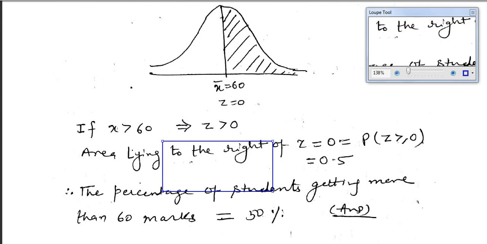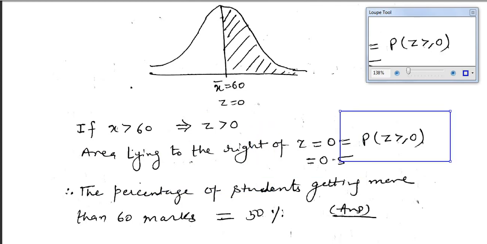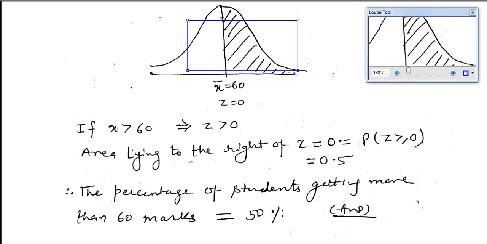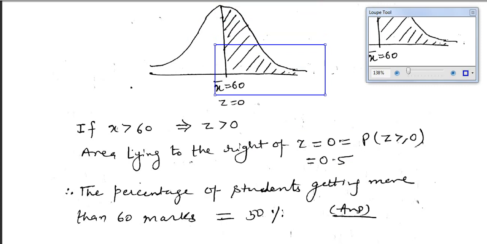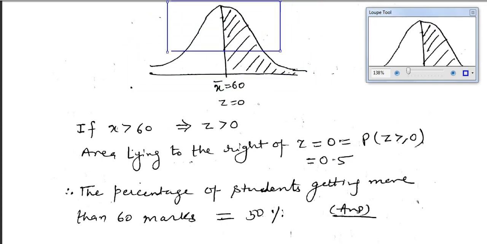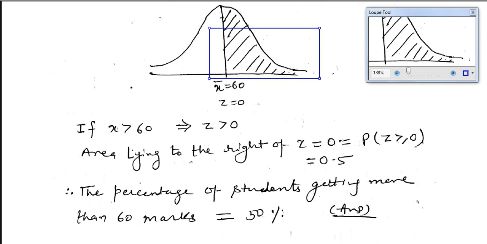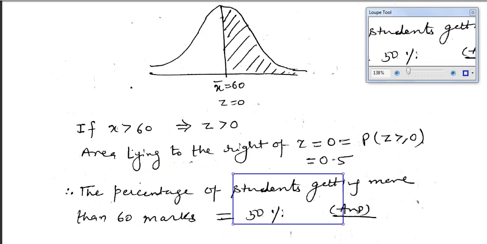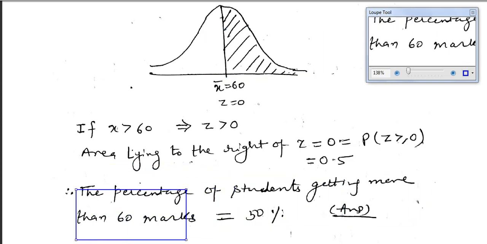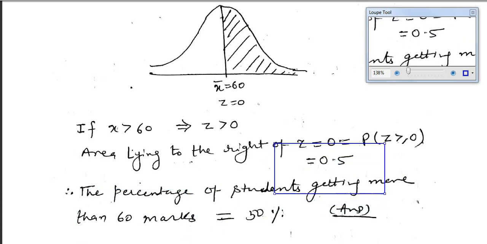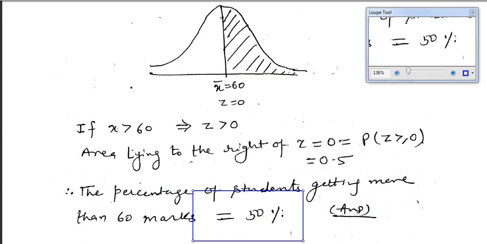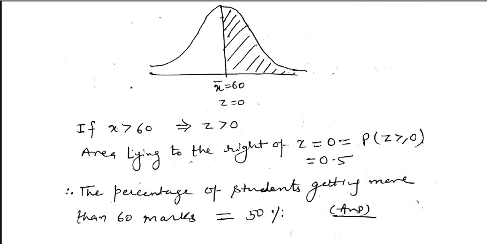So the area lying to the right of z equal to 0 is P(z greater than 0). Now by the property of normal distribution we know that half the area is equal to 0.5, because the full area of the normal curve is equal to 1. So the percentage of students getting more than 60 marks is 0.5 into 100, which is equal to 50%, which is the required solution of our problem.